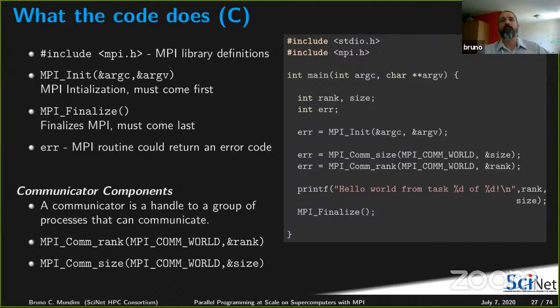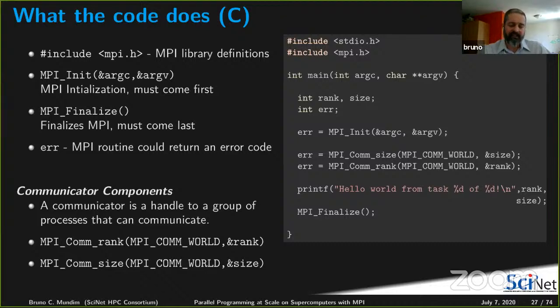If you want to know what the rank of the task is, you need to call MPI_Comm_rank, and that will tell you the rank of the task. The rank of the task is just the identification of the task. Here I'm using task interchangeably with process.